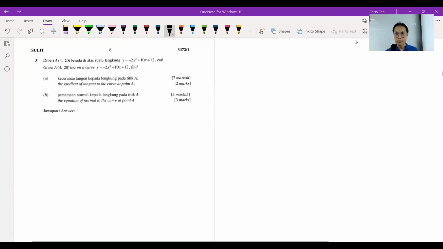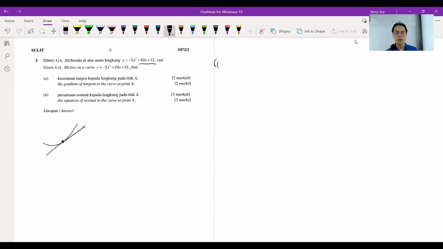Okay, question number 3. This is from the chapter Pembezaan, differentiation. Diberi A(4, 20) berada di atas satu lengkung. Cari keturunan tangent pada lengkung pada titik A. Keturunan lengkung means the gradient of tangent. The gradient of a curve is the gradient of a line that touches the curve at one point.